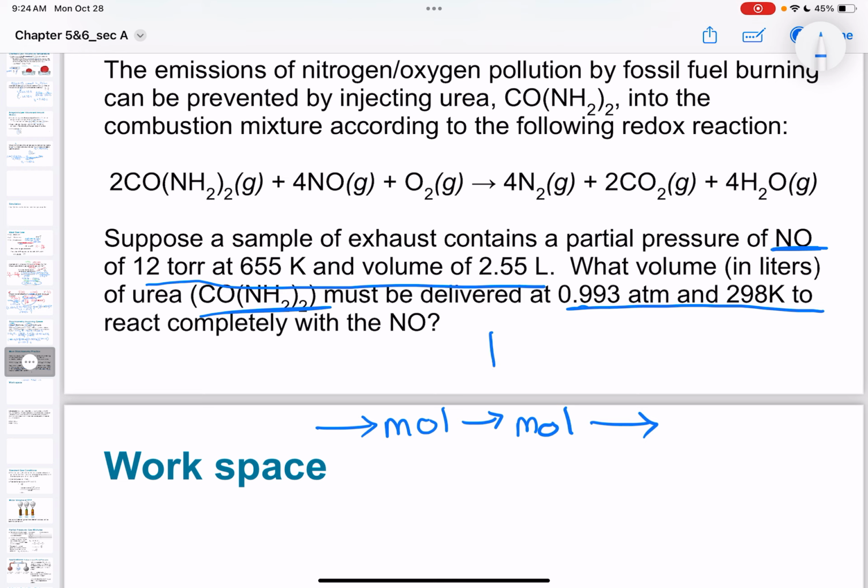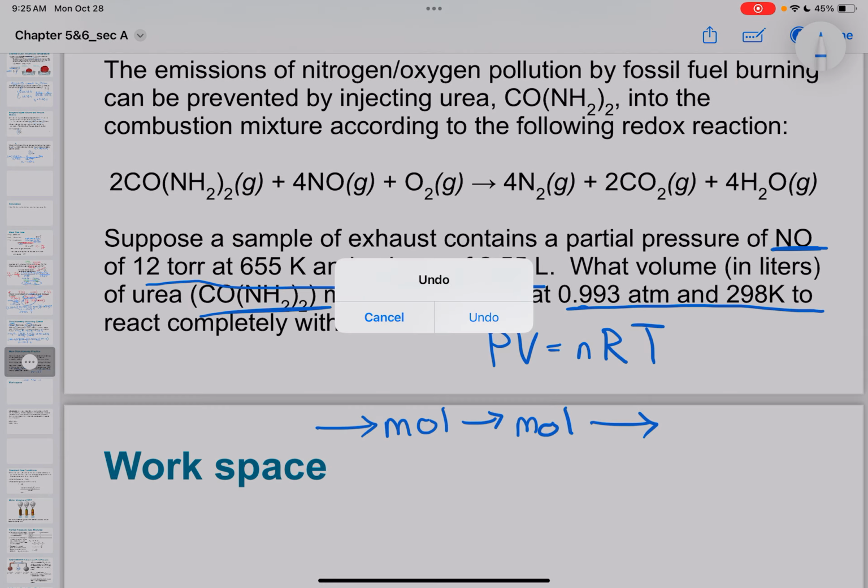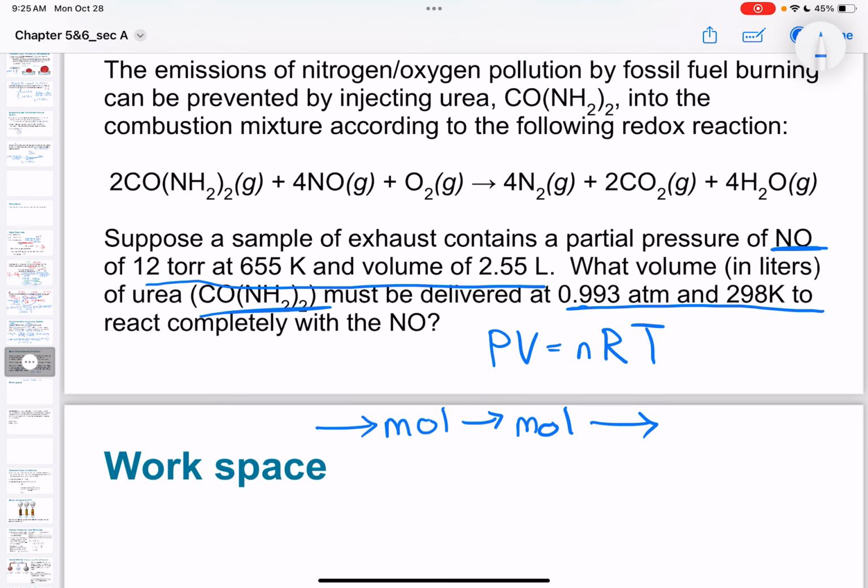So using PV equals nRT, we need 3 of those 4 variables in order to find something else. I have 3 for the NO, but I only have 2 for the urea. So that's how I know that I'm going to have to be starting with the NO.